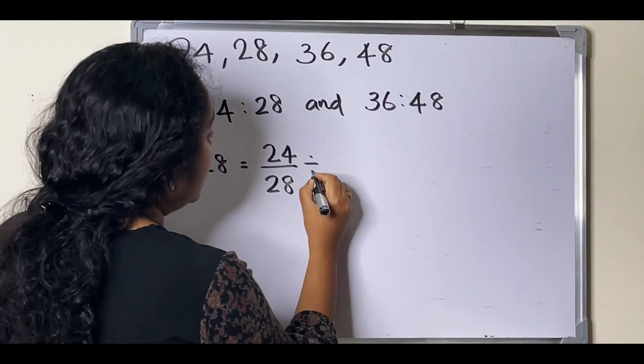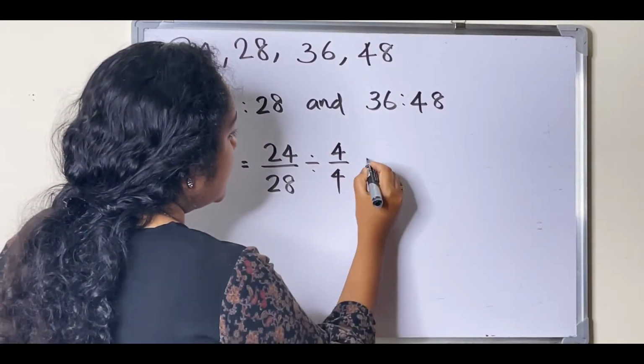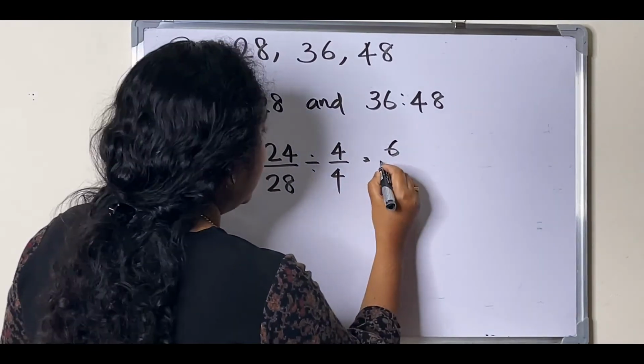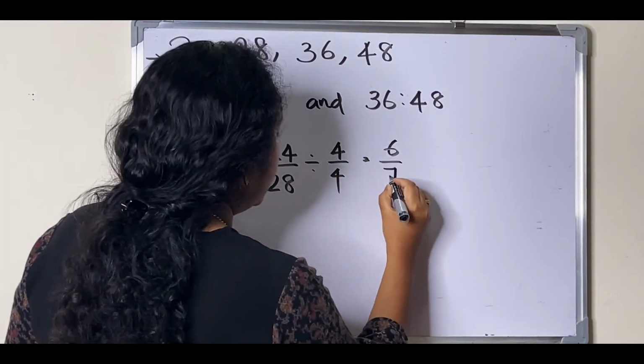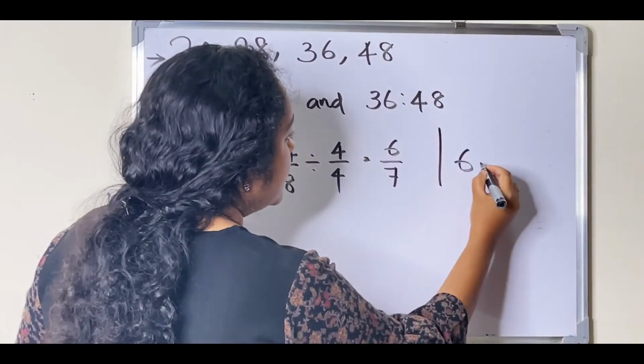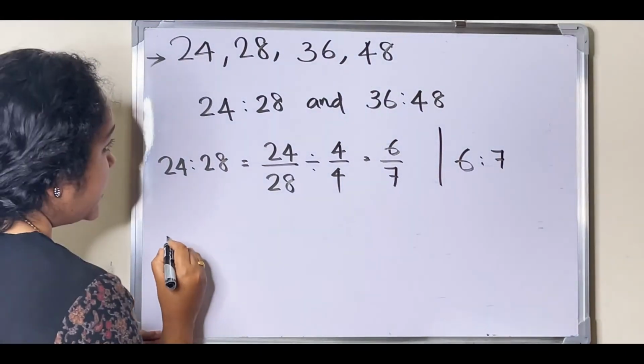It can be divided by both 4. We get 6 fours are 24 and 7 fours are 28. So the ratio is 6:7.